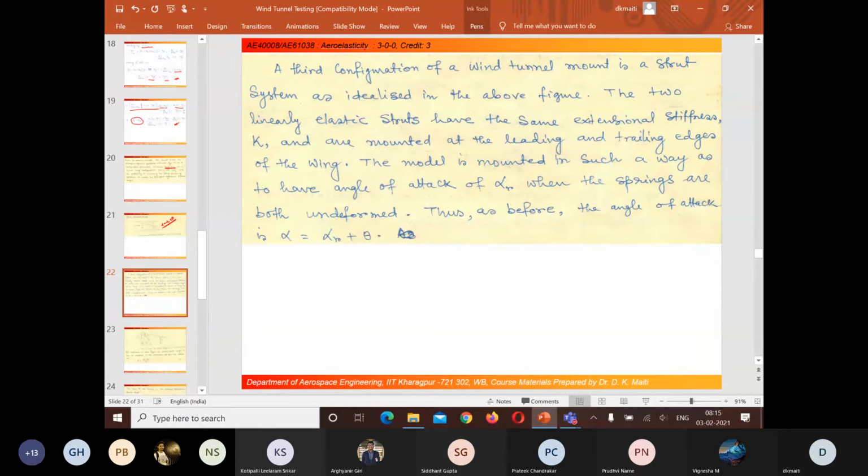The model is mounted in such a way as to have an angle of attack of alpha r, and the springs are both undeformed in that condition. Thus, as before, when the air pressure develops in the wind tunnel, the actual effective angle of attack will be alpha equal to alpha r plus theta.